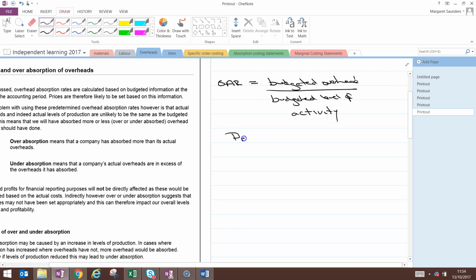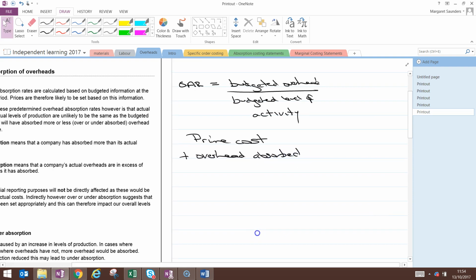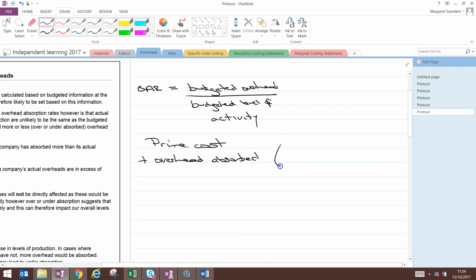So we have the prime cost, we add the overhead absorbed, and we've worked that out by using the overhead absorption rate multiplied by the activity.